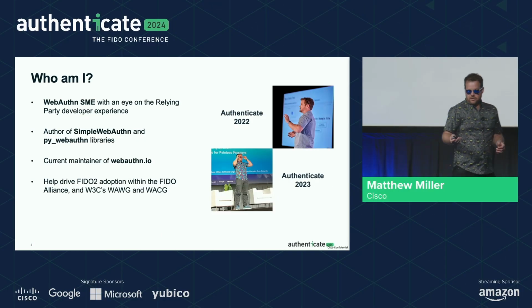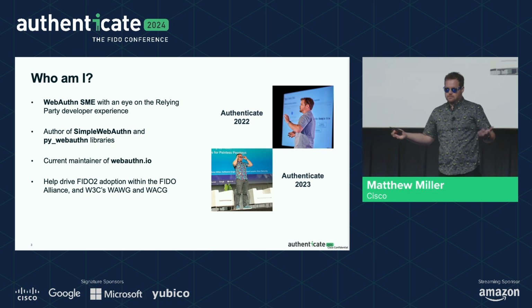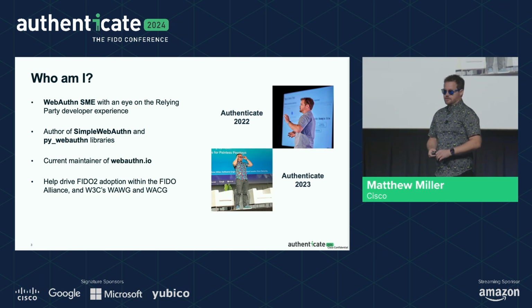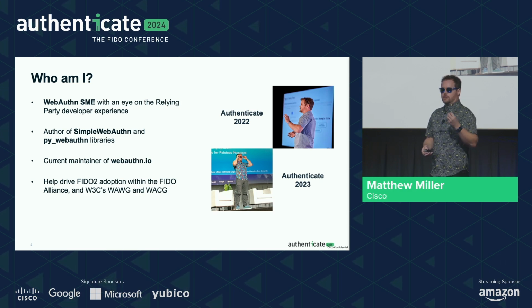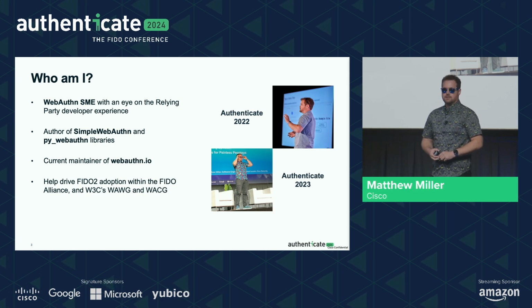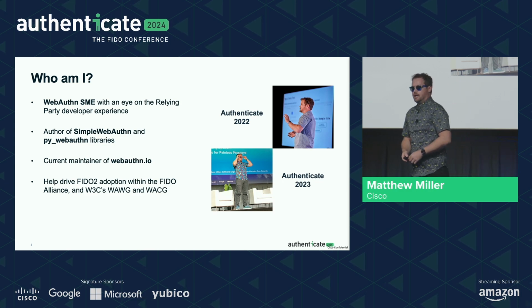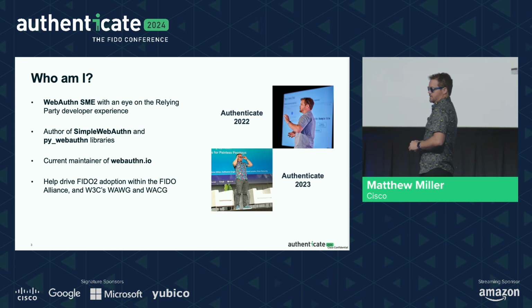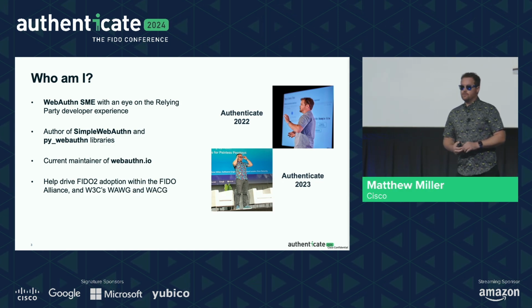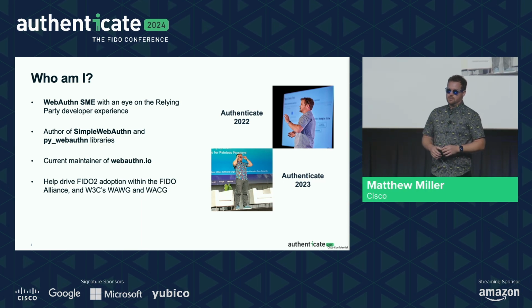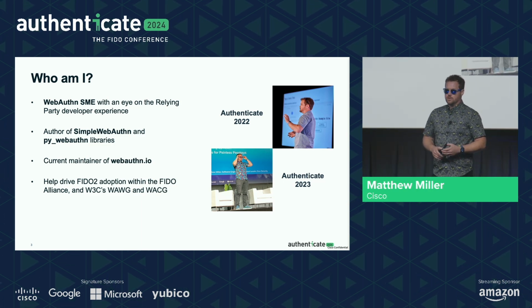By way of introduction, I call myself a WebAuthn SME at Cisco and Duo, with a particular eye on the relying party developer experience. WebAuthn has some sharp edges to it, and I've done what I can to smooth over those, particularly within the W3C, working at the Web Authentication Working Group.